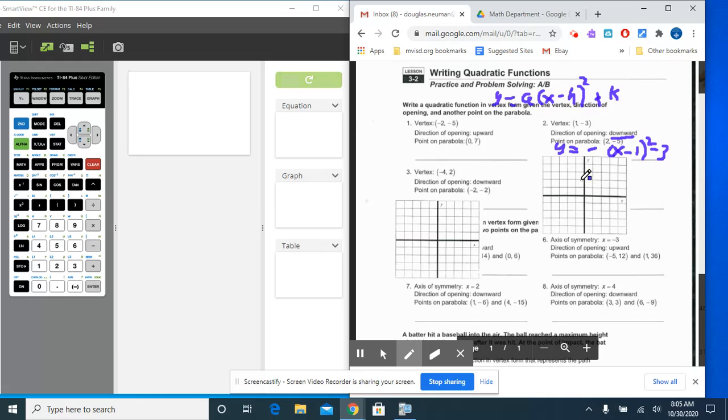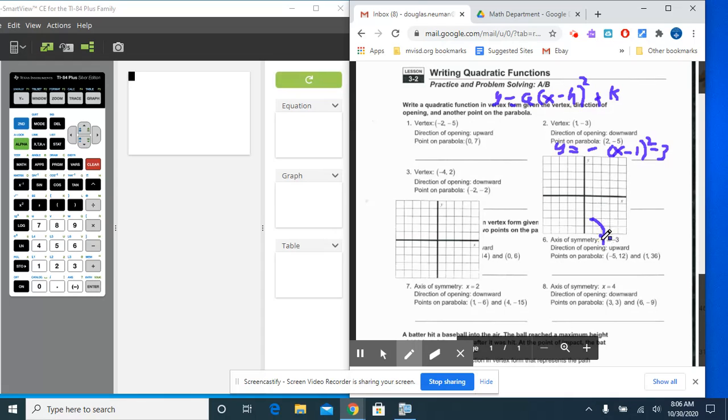And the way I do that is I'm going to use my calculator and stat edit and stat calc. So I have the vertex 1, negative 3, and I have a 2, negative 5. Make sure that's a negative 5. And it says it opens down. Well, recall that the vertex is the center of the parabola.